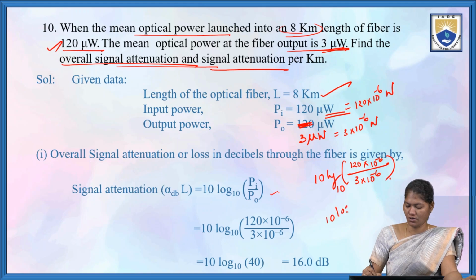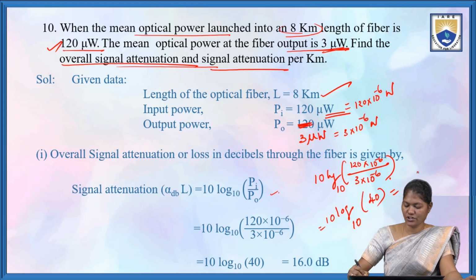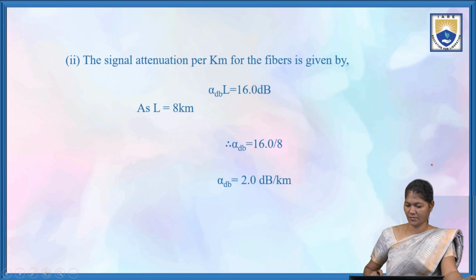So 10 log of 40, base 10. So the signal attenuation is equal to 16 decibels.